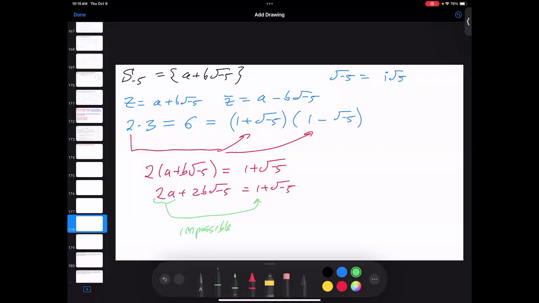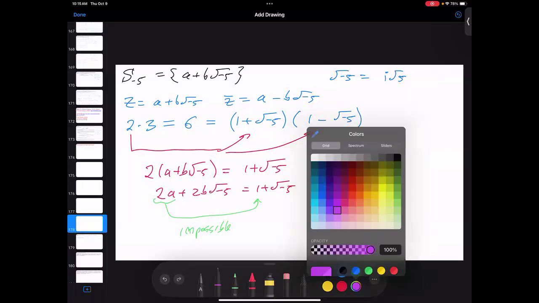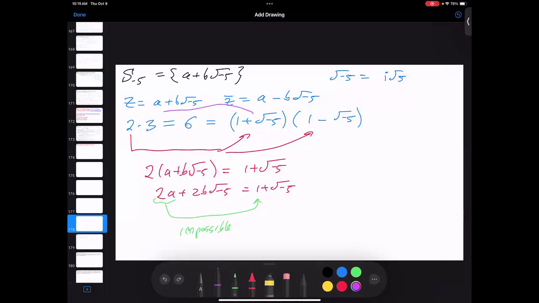What if I tried the other way? Maybe 1 plus the square root of -5 times a plus b square root of -5 equals 2. Is there some way to have this happen?